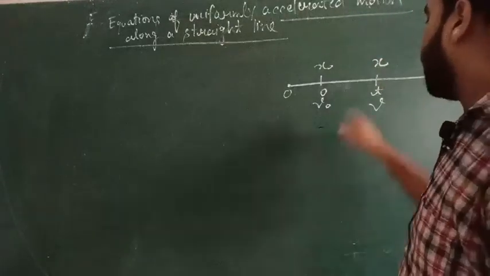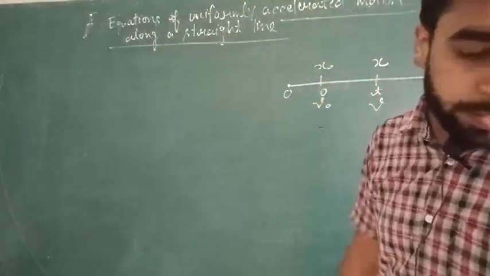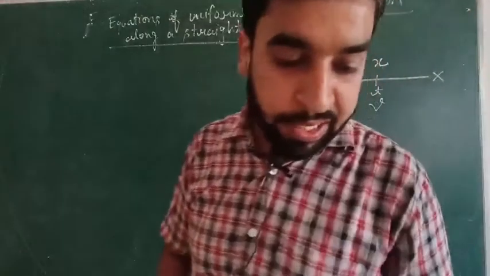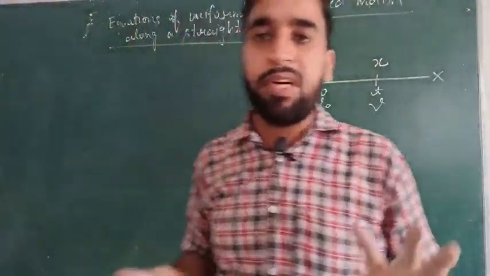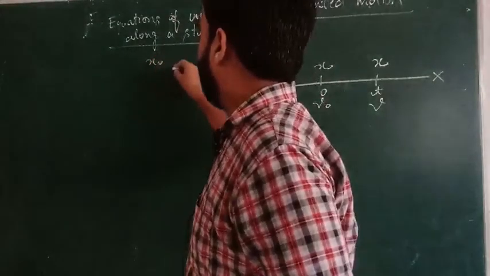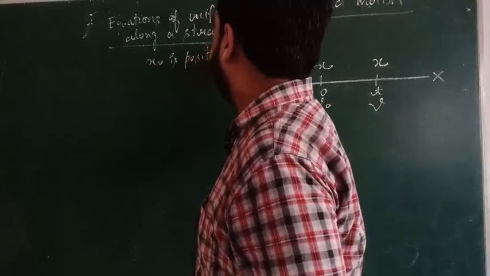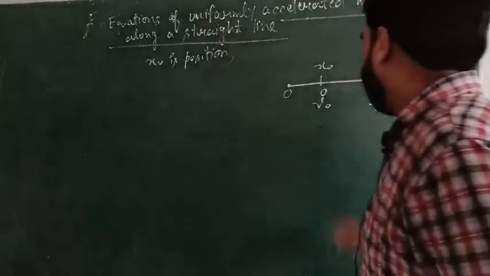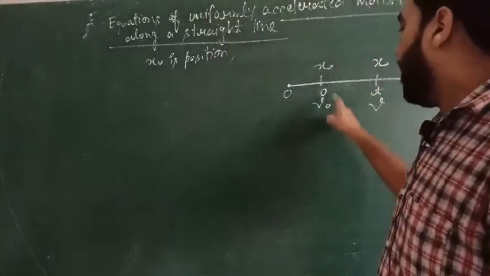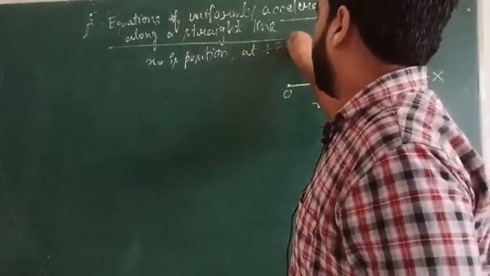So what is the displacement of the body? That is x minus x0. Students, this we are going to mention. What is x0 here? What is v0? x0 is the position of the body when time is 0, at t equal to 0.